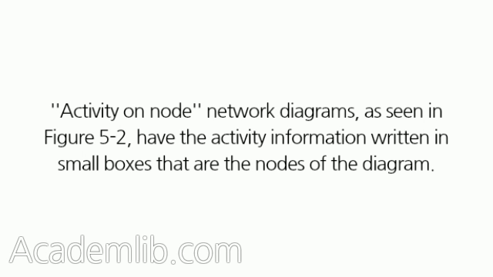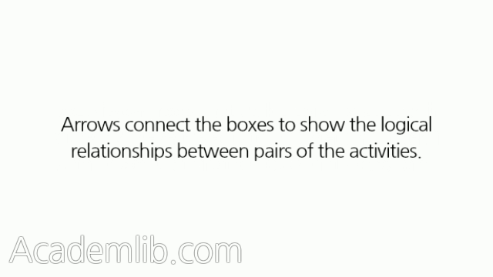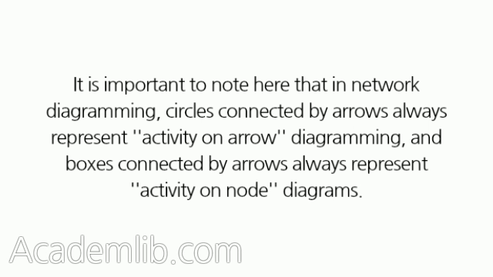Activity on node network diagrams, as seen in Figure 5.2, have the activity information written in small boxes that are the nodes of the diagram. Arrows connect the boxes to show the logical relationships between pairs of the activities. It is important to note here that in network diagramming, circles connected by arrows always represent activity on arrow diagramming, and boxes connected by arrows always represent activity on node diagrams.